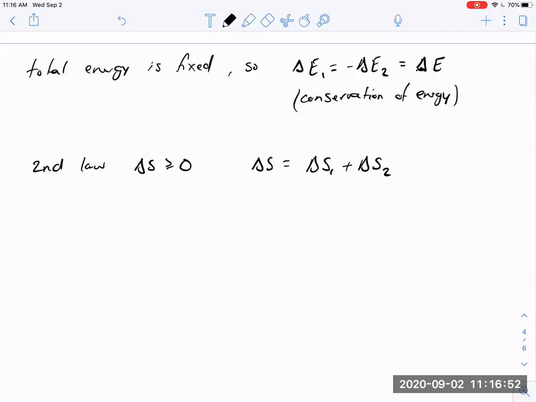Now let's imagine that we didn't start so far away from equilibrium, that we aren't so far away from the most probable arrangement of the system, and thus consider a case where delta E is small.